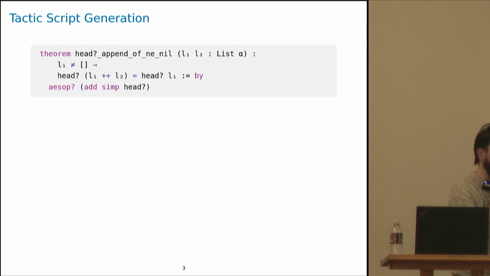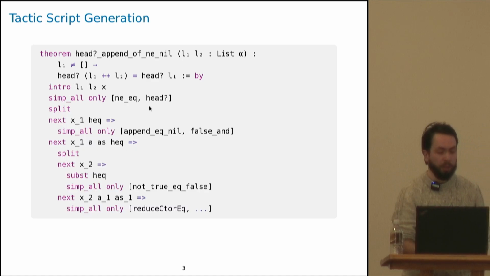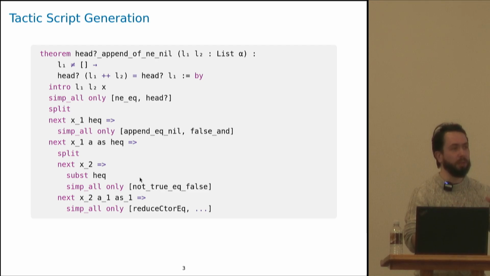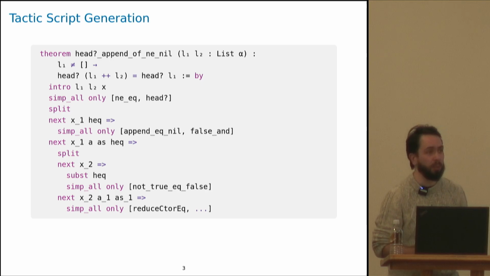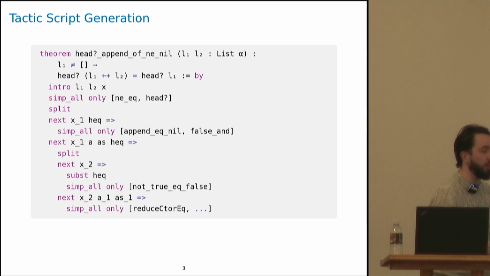I think there is a case to be made actually for partial automation, where we don't generate the fully explicit script, but maybe we just run the more expensive things explicitly. And then once we have a goal that's very easy for Aesop to solve, we could insert Aesop calls in here. So then we get the interesting steps explicitly and the not so interesting steps implicitly. I think this could be a nice idea.